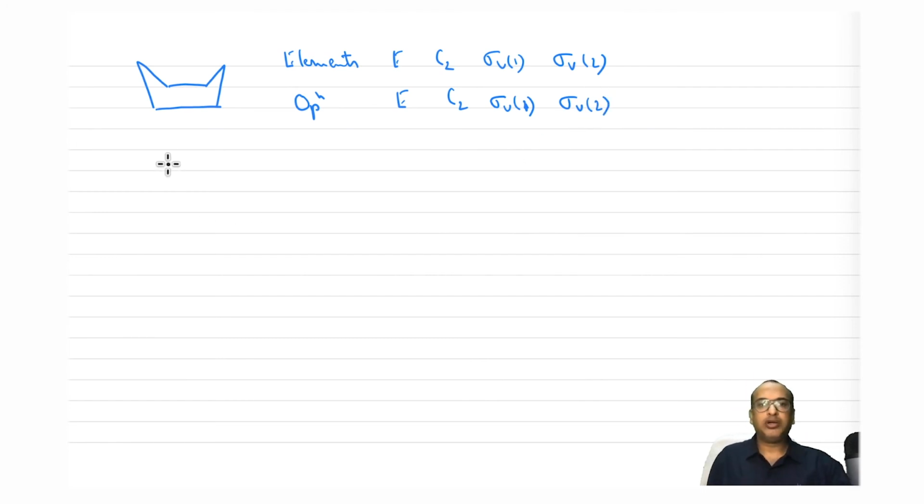Although water and cyclohexane boat form look very different, the symmetry operations existing in them are the same, and hence both of them belong to the C2V point group. That means any physical property which depends on the symmetry operations will be shared because of this classification, right?